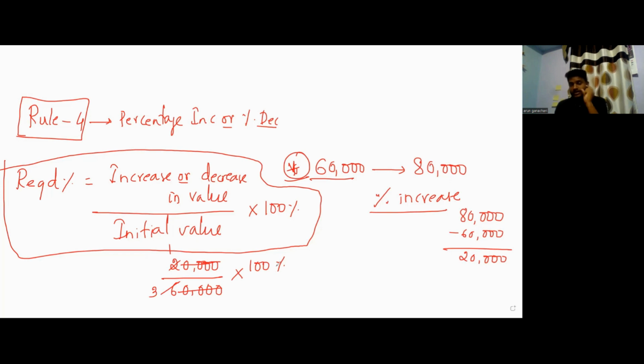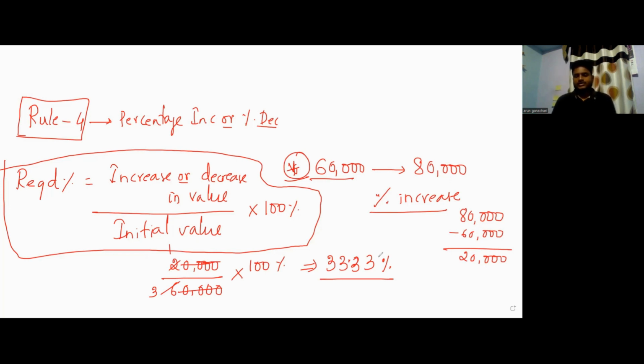Now this is where your table will come in very handy. What is 1 by 3 in percentage? 33.33. Getting this? This is why I say the table is very important.